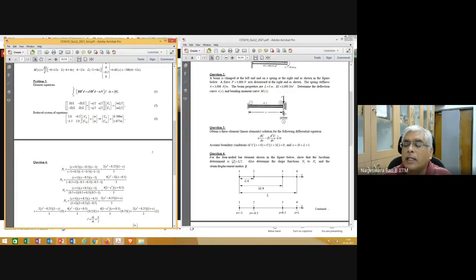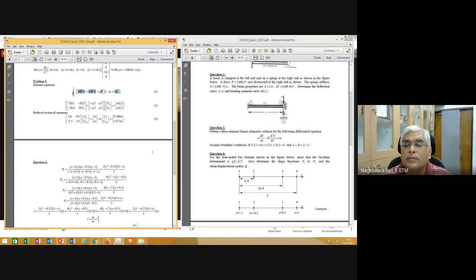Whenever you have second derivative terms, you will see something like B transpose B, such kind of term. And whenever a first derivative term is there, you are going to see B or B transpose. Anyway, you can start from first principles and derive the element equations. And this is how the element equations look for the third problem.